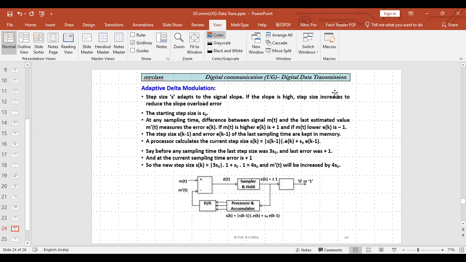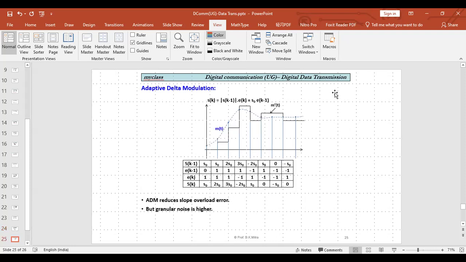Adaptive delta modulation, what happens? I'll first show you the signal curve, then we'll go back to the principle. Here, you see, the signal is rising very fast. So the first step size was this much, maybe 1 millivolt. And the system sensed that the signal is rising very fast.